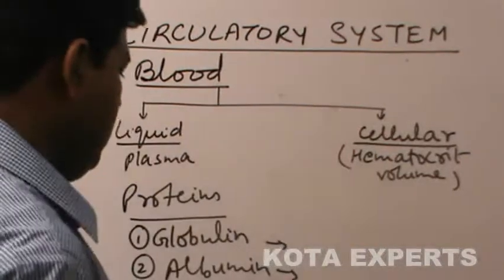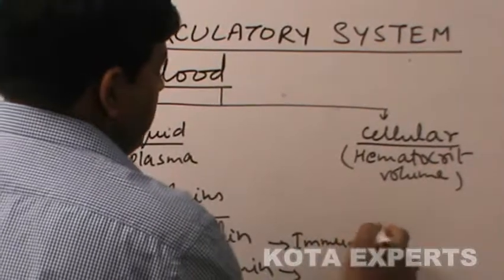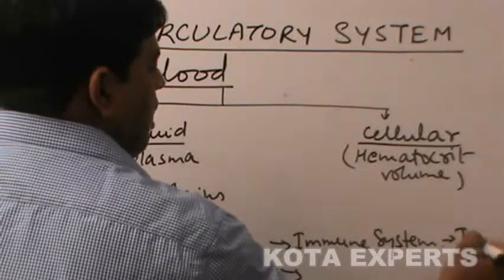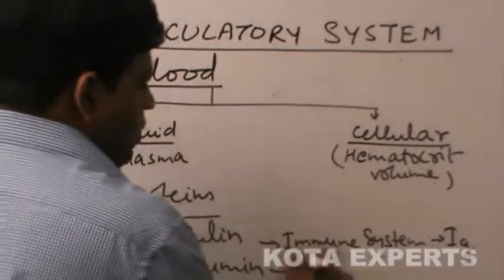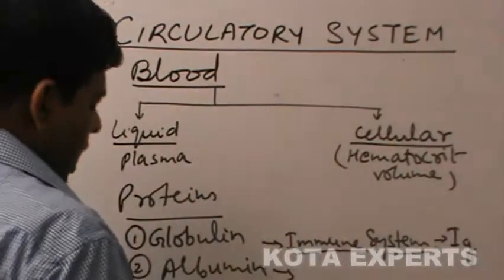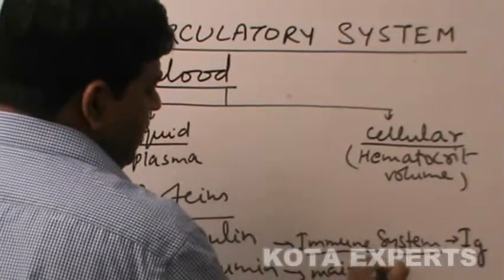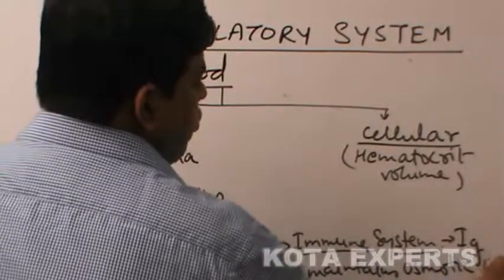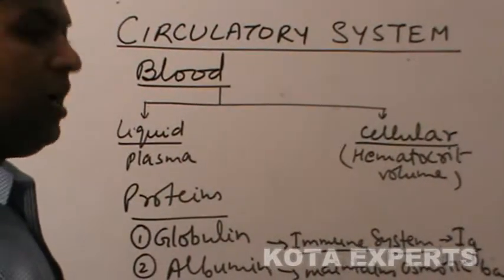Globulin helps in the immune system, that is, immunoglobulins. It resists foreign agents entering the body. Albumin maintains the osmotic balance of the blood, so that there is no bursting of the cellular part.